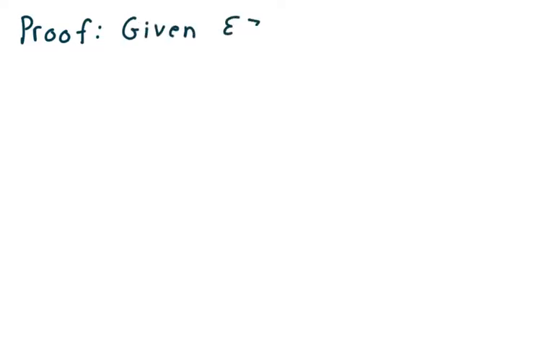Given epsilon greater than 0, choose delta to be epsilon.